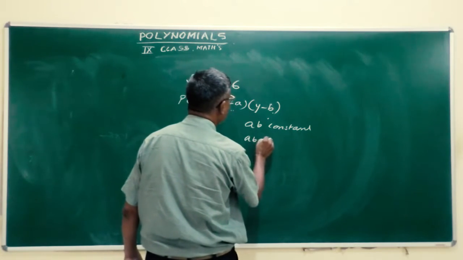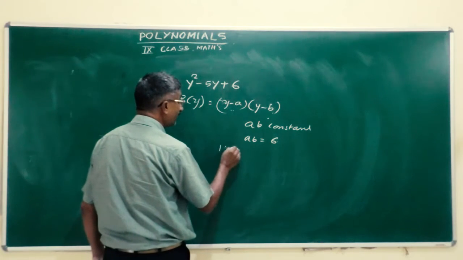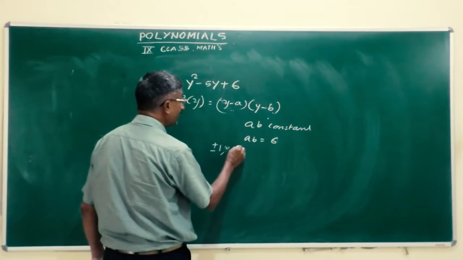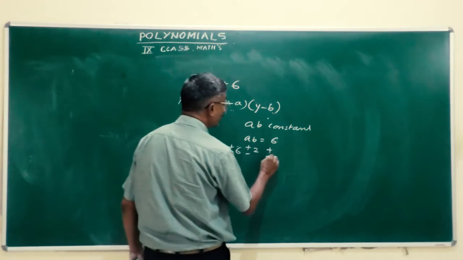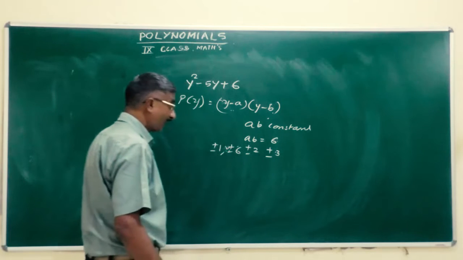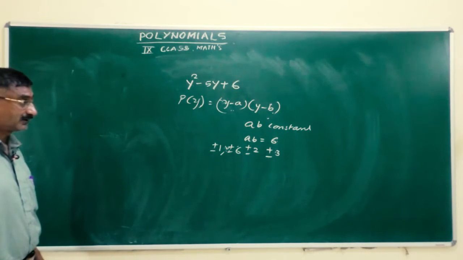So, AB is equal to 6. The possible values are plus minus 6, plus minus 1, plus minus 2, plus minus 3, the factors of 6.